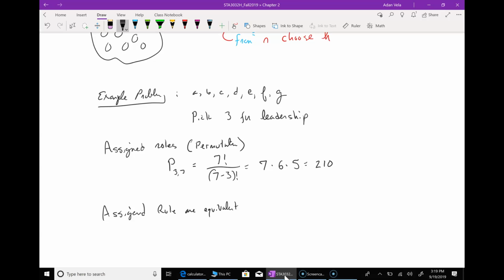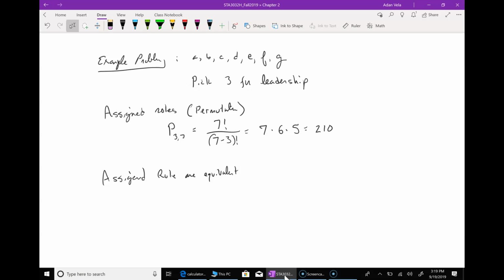So one way that we can think about how we would calculate that is we can pick one instance of a permutation, right? So let's say A, C, and G were selected to have some sort of role in this leadership board.